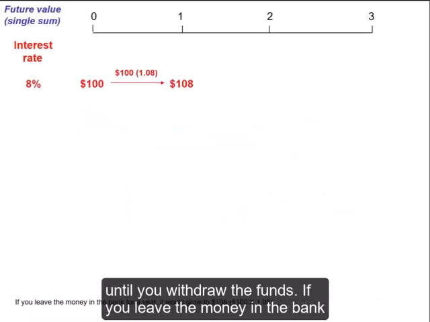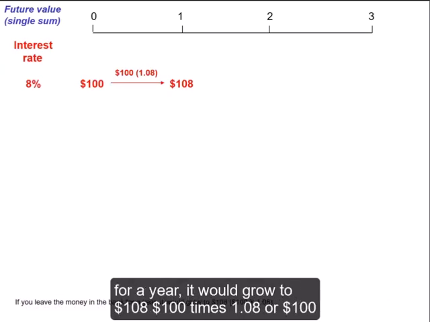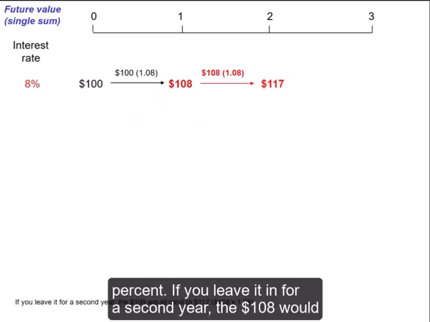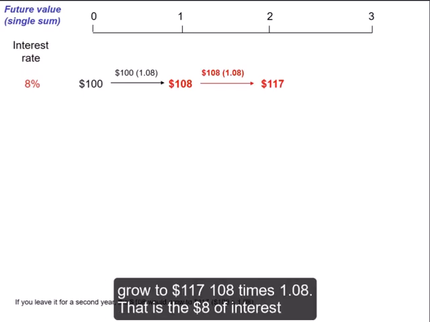If you leave the money in the bank for a year, it would grow to $108: $100 times 1.08, or $100 times 1 plus the interest rate, which in this case is 8%. If you leave it in for a second year, the $108 would grow to $117: 108 times 1.08.